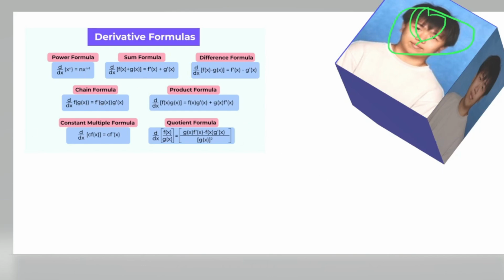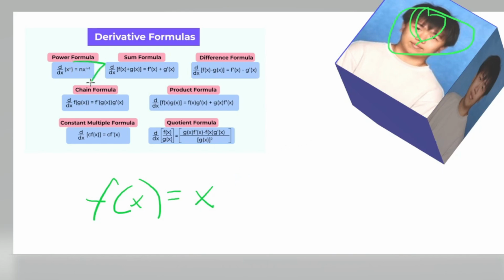So, first one, power rule. Let's say we have a function of x that's equal to x to the n. What does that mean? n is any real number. So, it could be x to the 1/2, x to the 3, x to the -3, x to the 6, whatever.